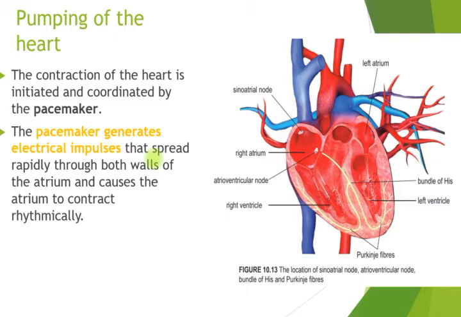When the impulse is generated, it spreads rapidly through the walls of the atrium and causes the atrium to contract. So the contraction of the heart is initiated by the pacemaker. If the question asks about the function of the pacemaker, it is to generate electrical impulses.